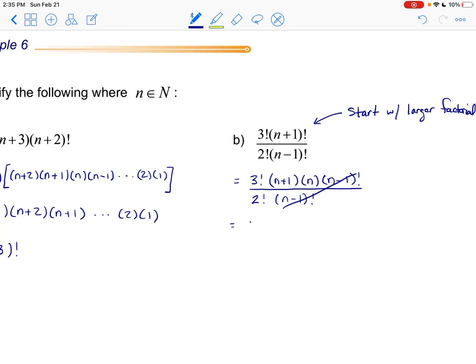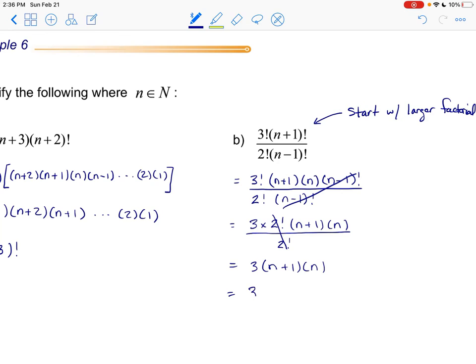Okay, and in fact, we'll do the same thing with the numbers too, because we've done that before. So 3 times 2 factorial, and I'll leave our n's there for a moment, over 2 factorial. Well, now those are going to cancel. So we're left with 3 times an n plus 1 times an n. And now let's multiply all that out.